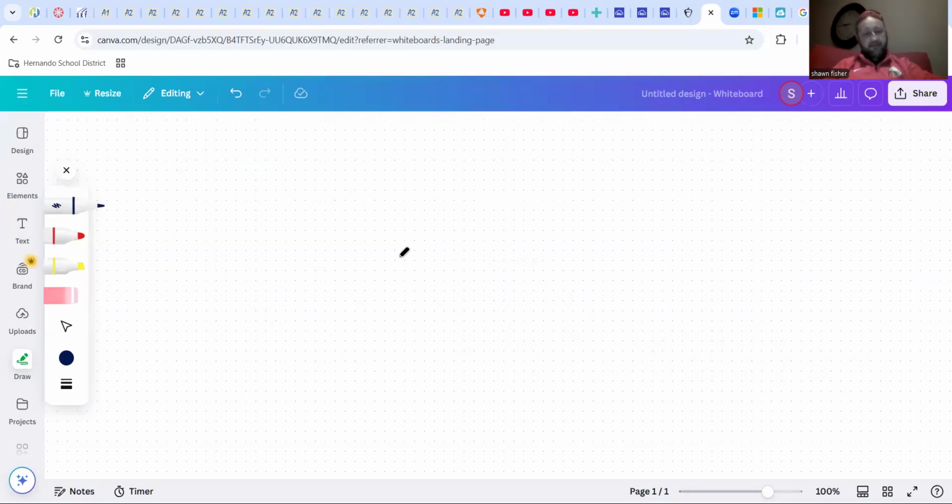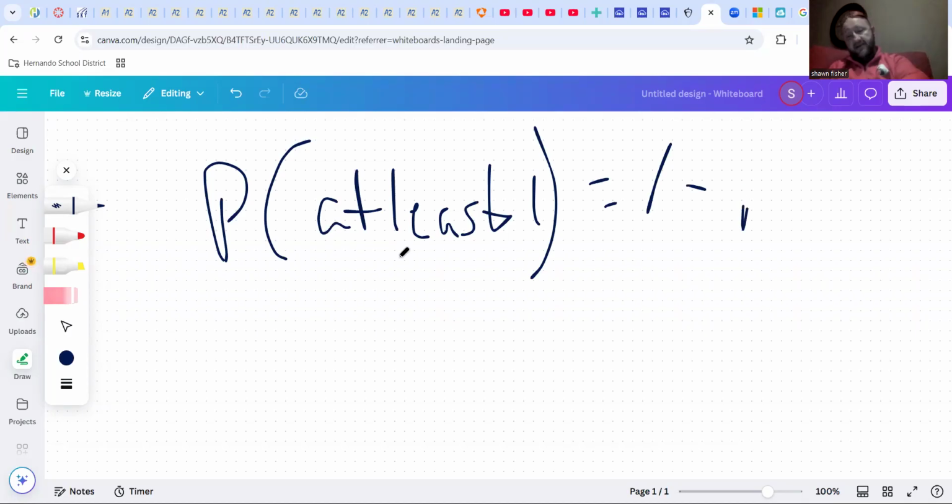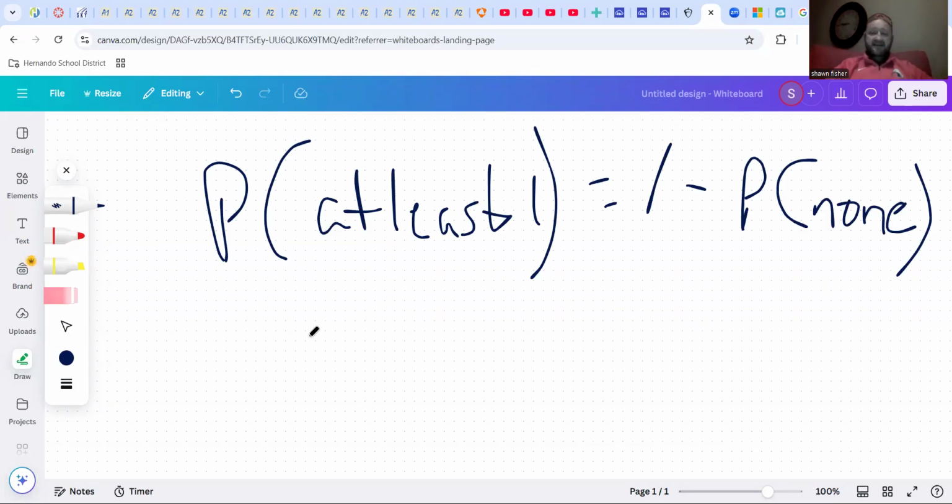I've said that the probability of at least one, isn't that the same as one minus the probability of none? That's the same thing.